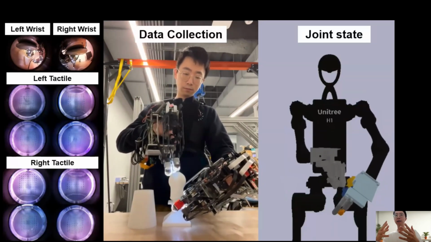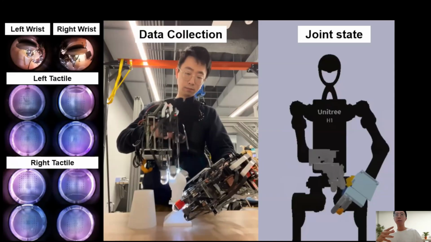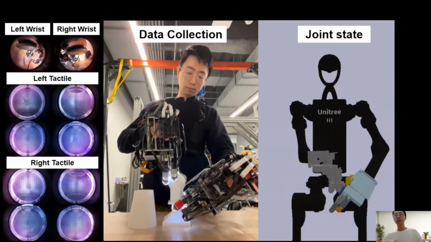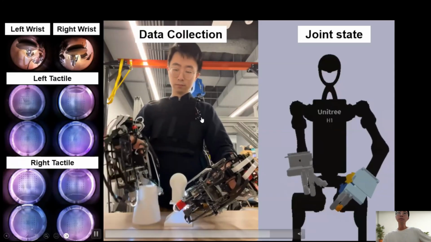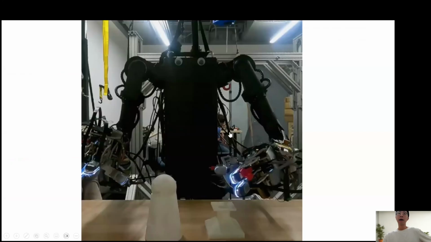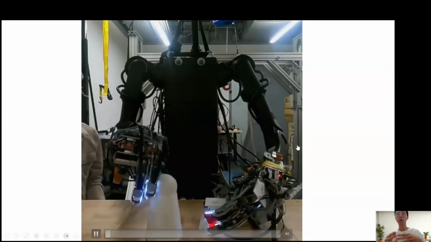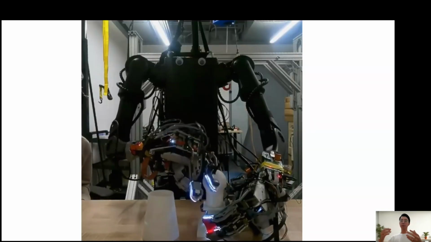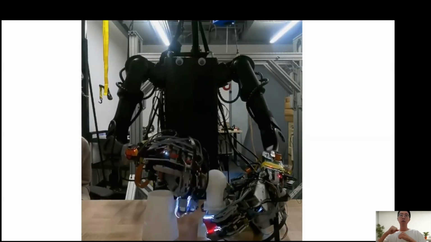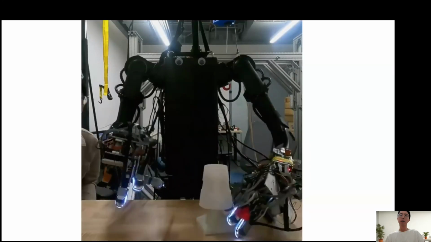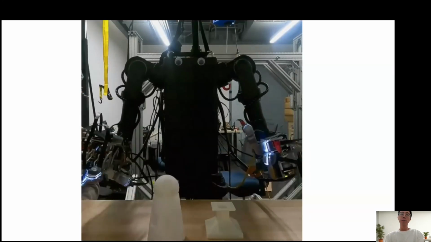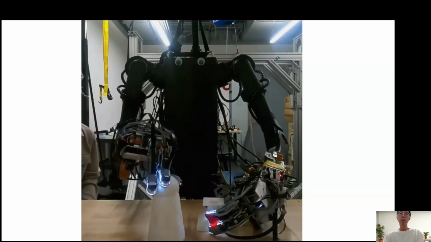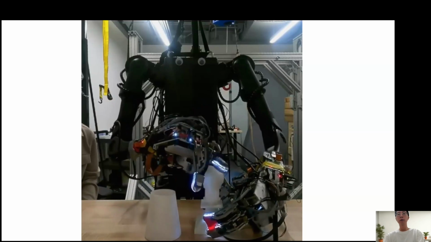We just replay the joint signal from the position encoders. And with this kind of data, plus a little bit of teleoperation data to mitigate some assembly error when we were building the arm exoskeleton, we can now train a policy that's deployable to a real robot.